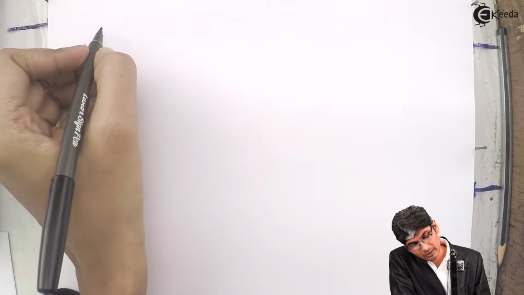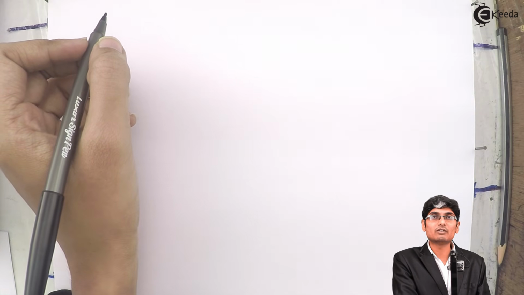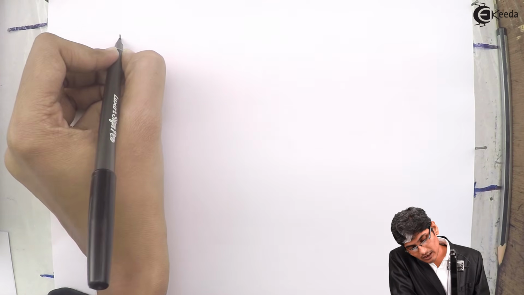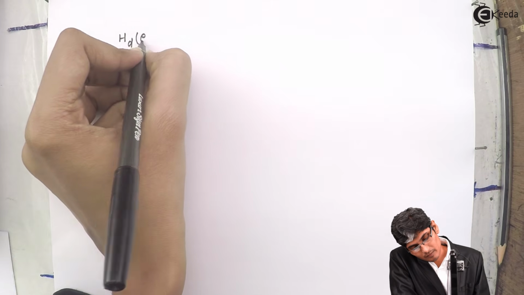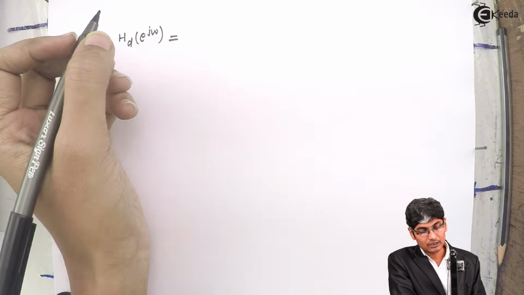They will always be emphasizing the words "using frequency sampling method", and they will be giving us Hd of e raised to j omega.